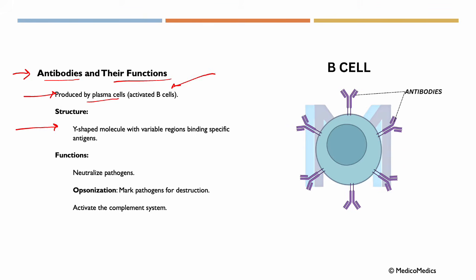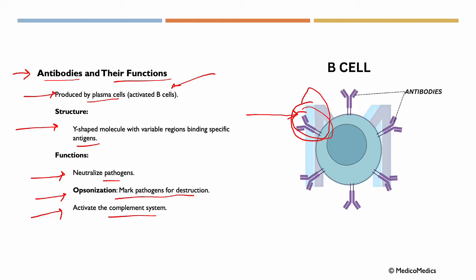The structure of it, it's a Y-shaped molecule with variable regions binding to specific antigens, as you can see illustrated here. And as we mentioned, some functions include neutralizing pathogens, something called opsonization, so marking pathogens for destruction, and of course, activating the complement system. But let's dive a little bit deeper into the structure of this antibody.